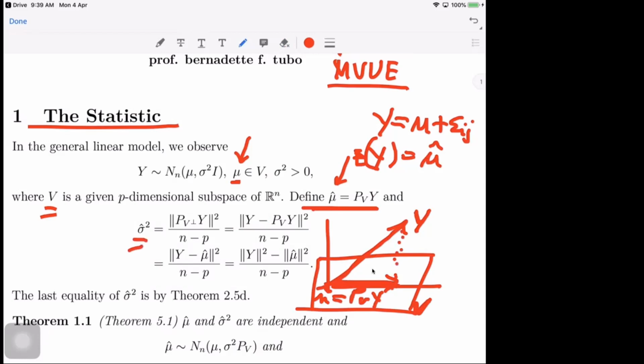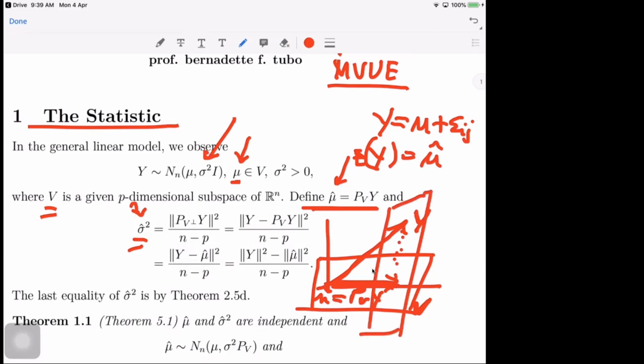And the variance, which is usually unknown, will be estimated by sigma hat square, which will actually be a projection on V perp. So where is V perp? V perp is the orthogonal subspace to V.